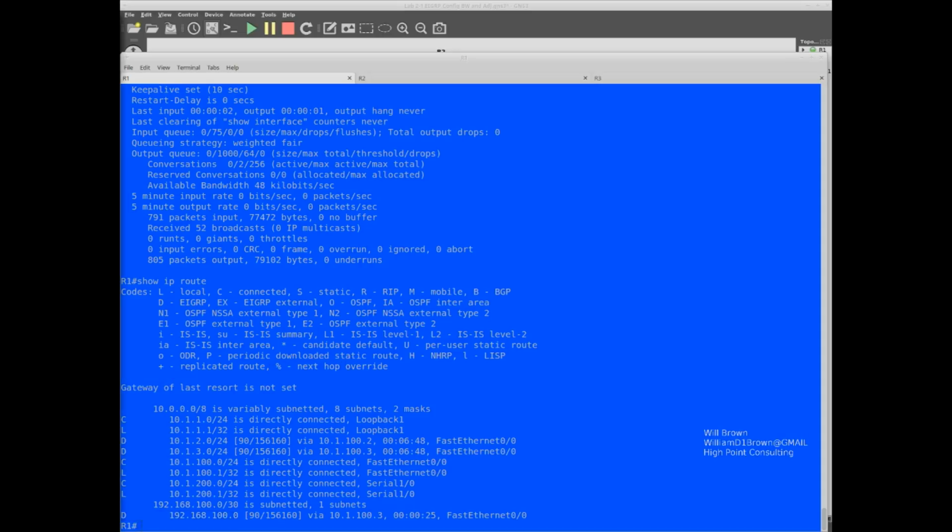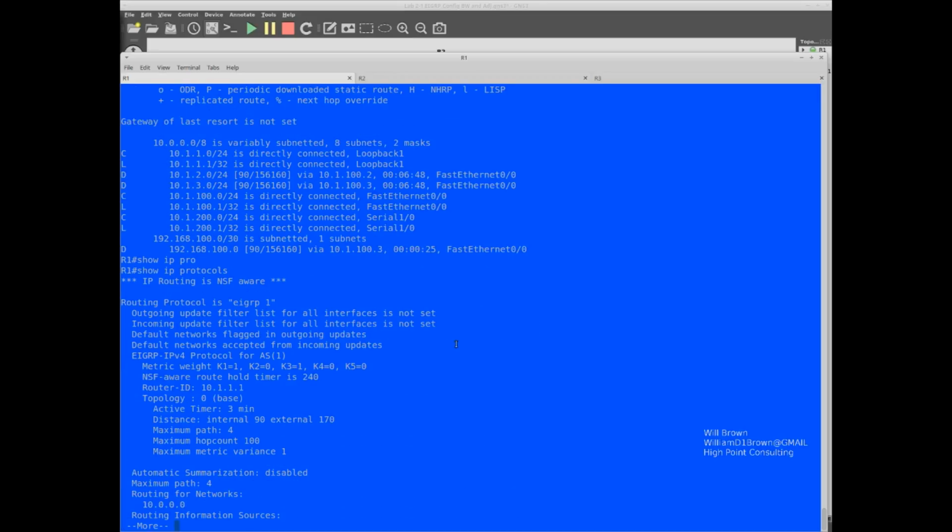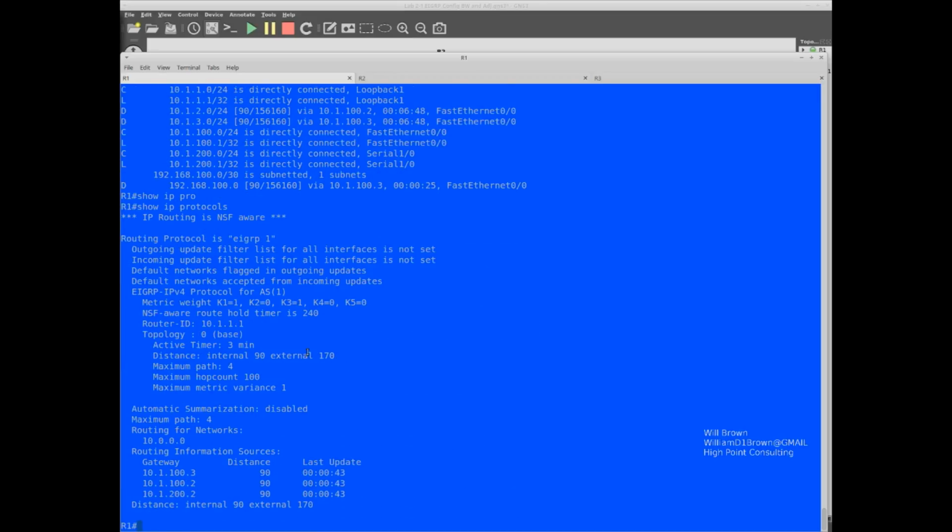What else do I need to do in here? Oh, yeah, let's take a look real quick. Show IP protocols. Get all that information rolled up the screen. So this is a good one also as a reference.